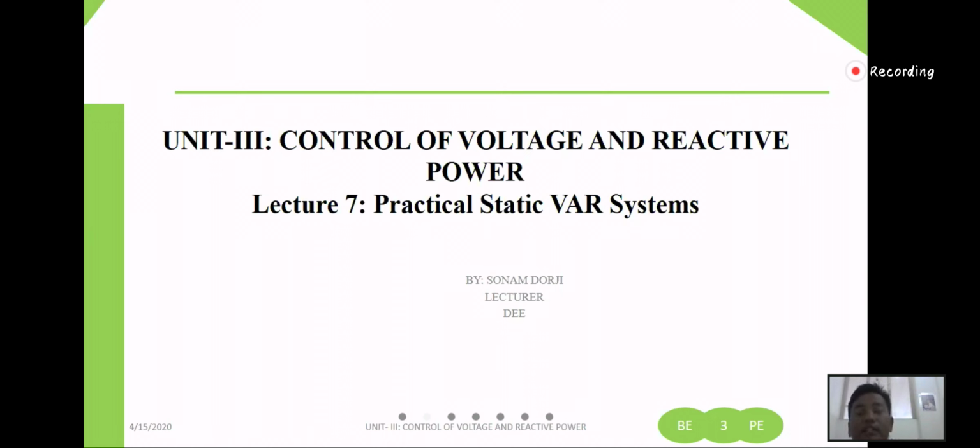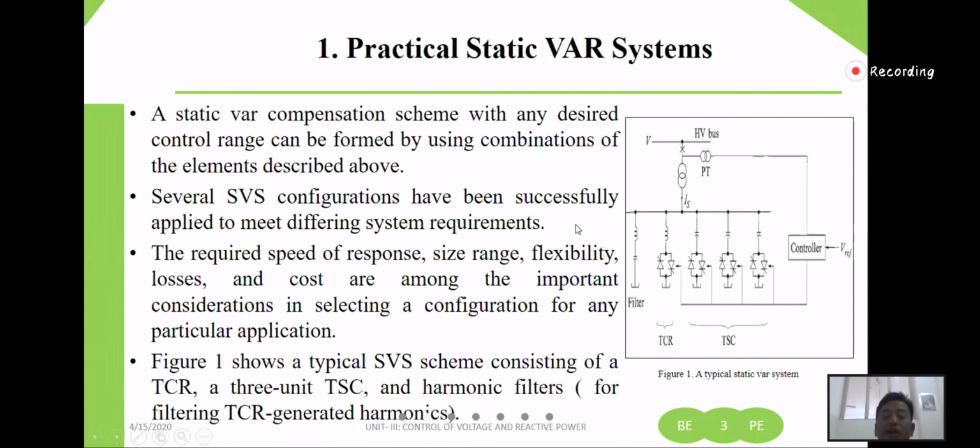Whenever TCR has to perform, it performs its function, and whenever TSC has to perform, it performs that function, because there is a control system. So it is better to study this practical static VAR system or compensator.